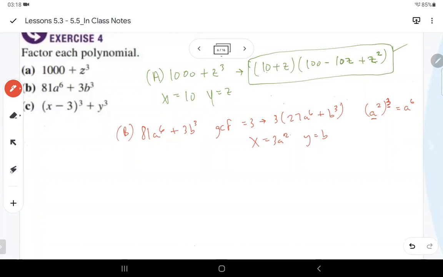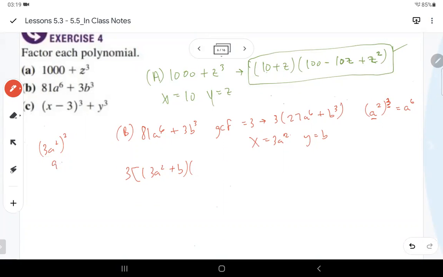Definitely helpful to know some of your cubes for the test, but again, you do get to use a calculator, so there is that. All right, so for our answer, we're going to keep the GCF outside, and then everything else is the same. It's a sum, so x plus y, so 3a squared plus b. X squared is going to be 3a squared squared.